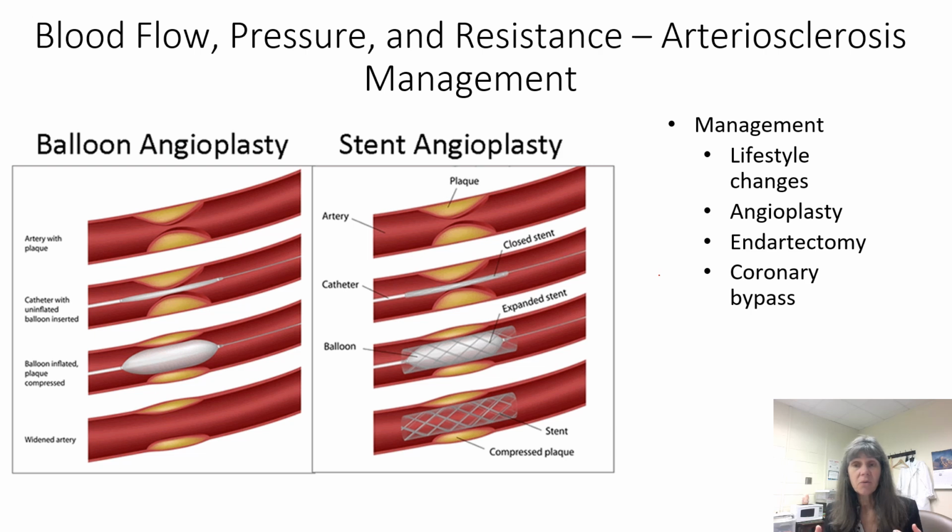Endarterectomies can be done where they go in and actually remove the plaque surgically, scrape it out. And then coronary bypasses can be done where they actually remove a blood vessel if it's within the heart. That's a coronary bypass where they remove a portion of a blood vessel and replace it with another blood vessel from that individual. Usually it's replaced by part of a vein.